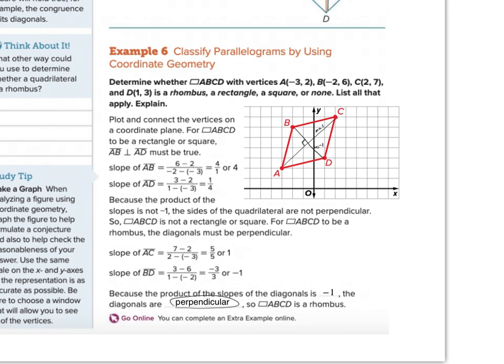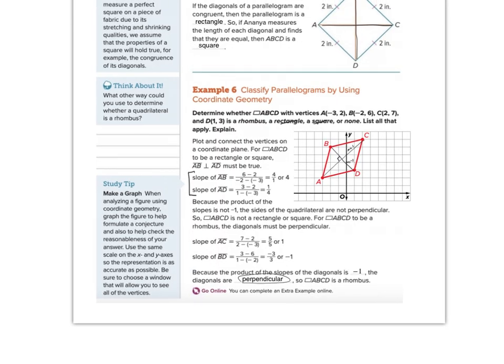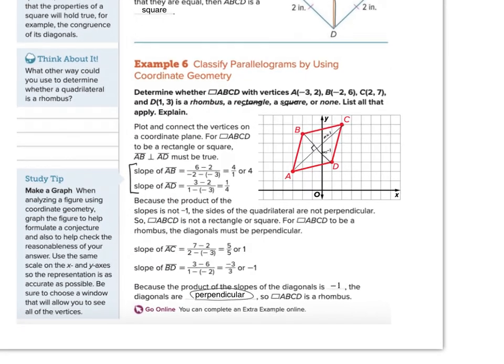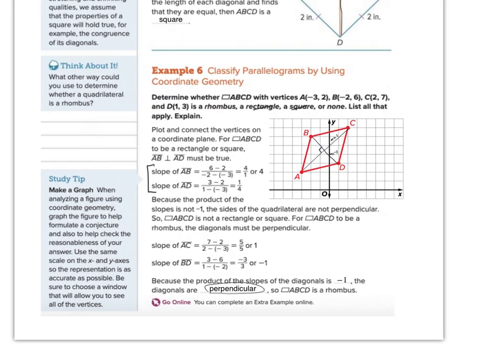Now, in order to be a rhombus, did they tell us that? Okay, they said determine whether it is a rhombus, a rectangle, a square, or none. All right, so this first step eliminated the rectangle and the square because they are both required to have vertices of 90 degrees. For a rhombus, one other thing we needed to make sure of is that it has all the same length sides.